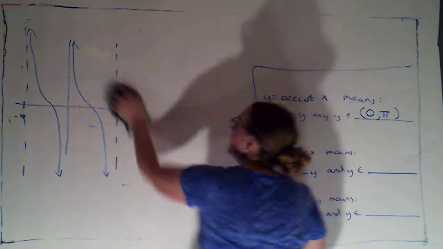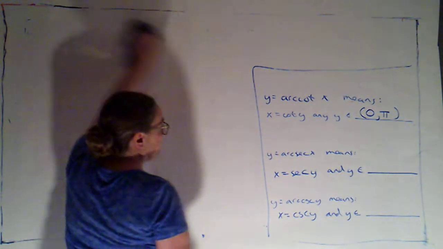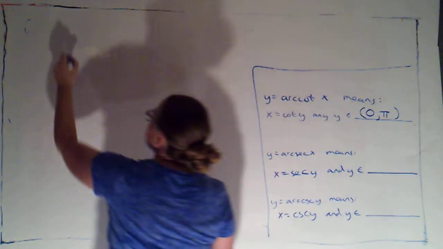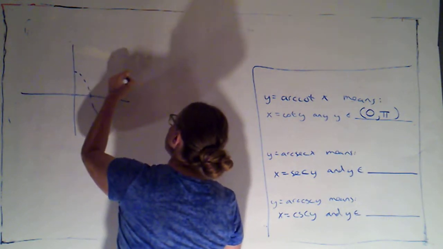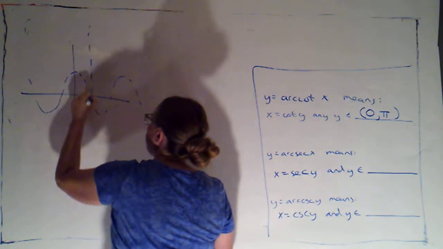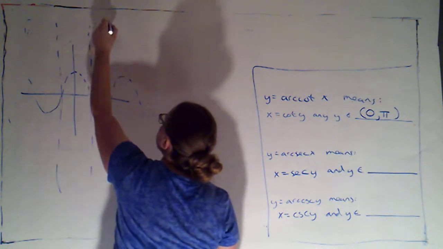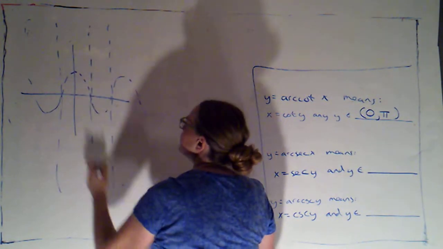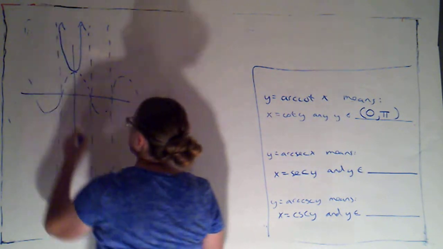Okay, so let's take a look at inverse secant. So remember, that's the reciprocal of cosine. So wherever cosine is 0, which is at my odd multiples of pi over 2, secant is going to have an asymptote.